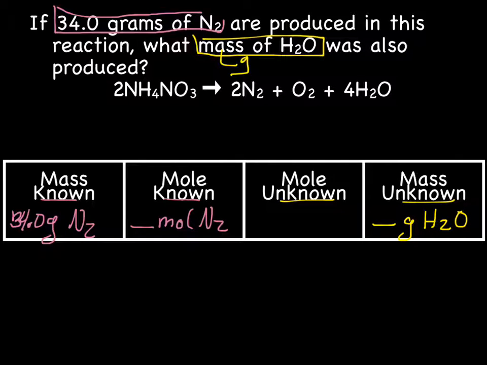And then the next box is mole unknown. So blank mole unknown. Our unknown is water, so it's still going to be water. All right, now that we have our map filled out, all we got to do is plug stuff in and solve.